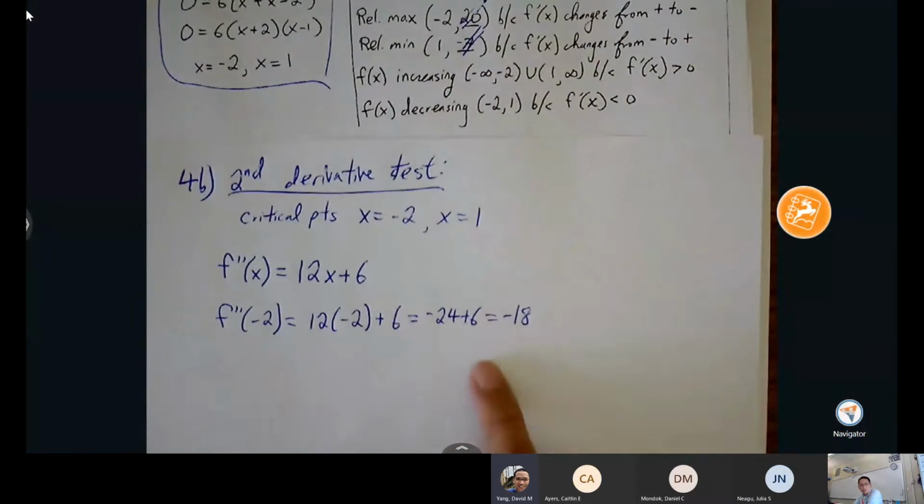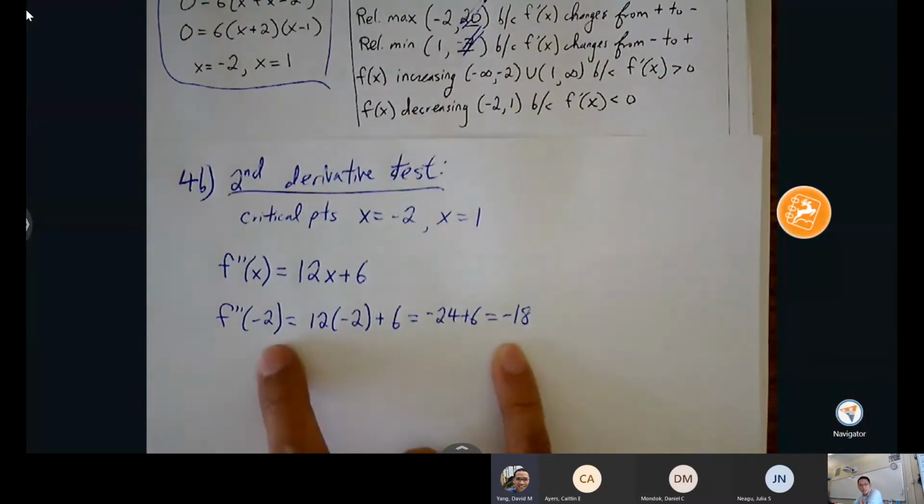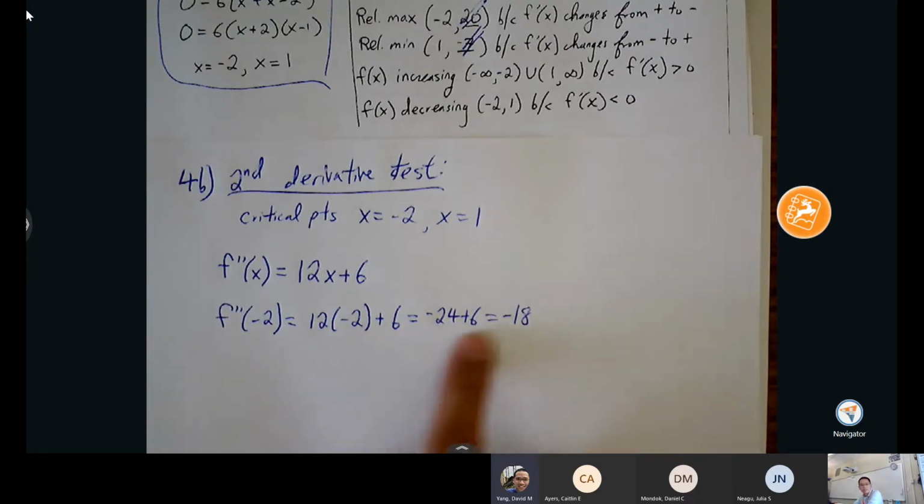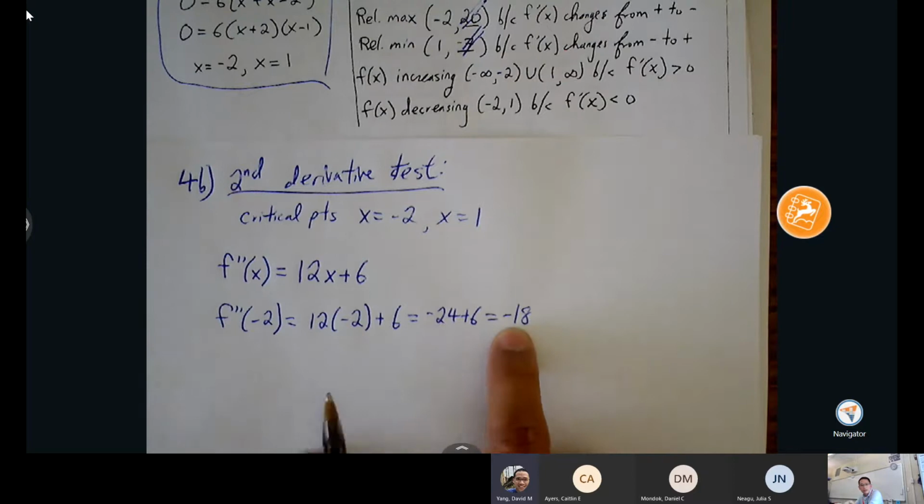So what does the -18 tell us? What do you guys think? How is this information helpful to us?